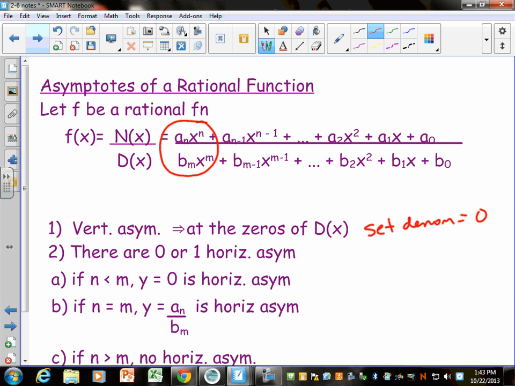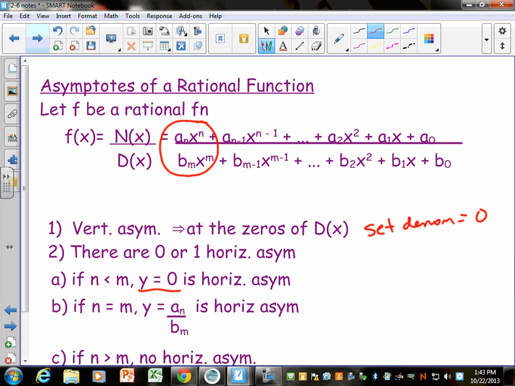If the numerator degree is smaller than the denominator degree, it will always be the x-axis, y equals 0. Just like 1 over x, because the numerator has no x, the denominator has 1x. If the numerator degree is equal to the denominator degree, it's the ratio of your leading coefficients, which could be any number.